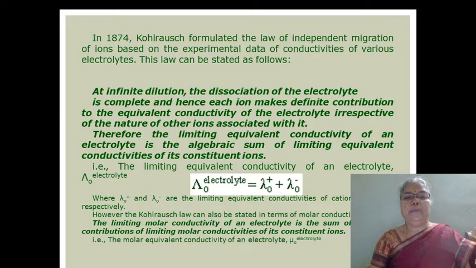Mathematically, the Kohlrausch law is given by this equation: λ0 (the equivalent conductance of any electrolyte at infinite dilution) is equal to λ0+ plus λ0−, where λ0 is the equivalent conductance at infinite dilution, λ0+ is the ionic conductivity of the cation at infinite dilution, and λ0− is the ionic conductivity of the anion at infinite dilution.